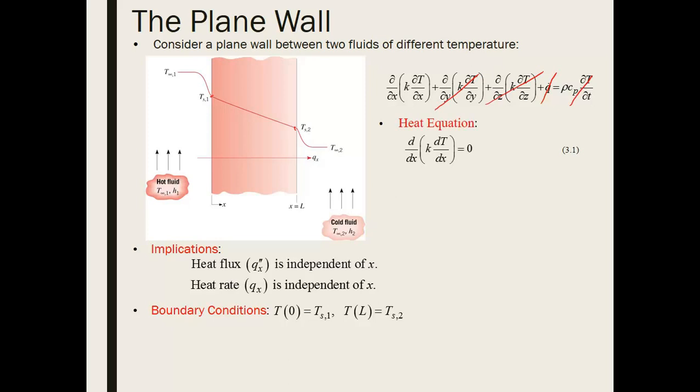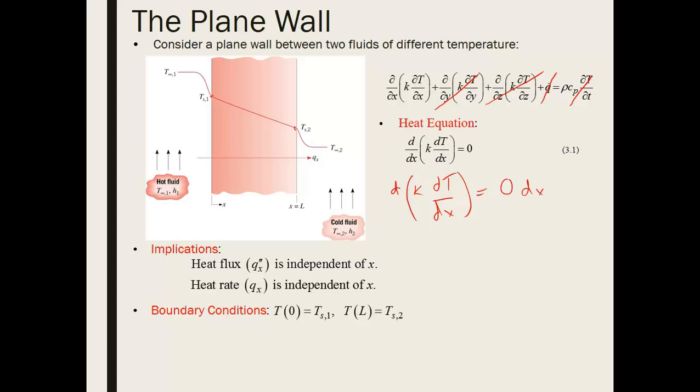And this is actually quite a simple equation, and it's very easy to solve analytically, so you would just do something like this. You would take this equation and multiply each side by dx, so you get the derivative of conductivity times the first derivative of temperature with respect to x is equal to 0 times dx.